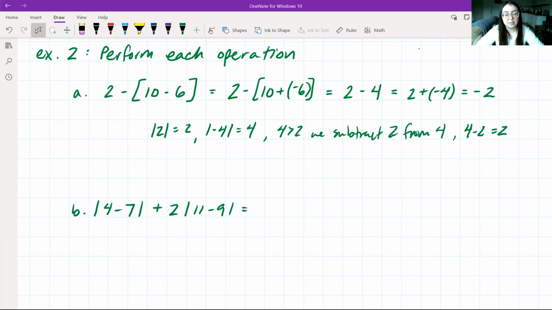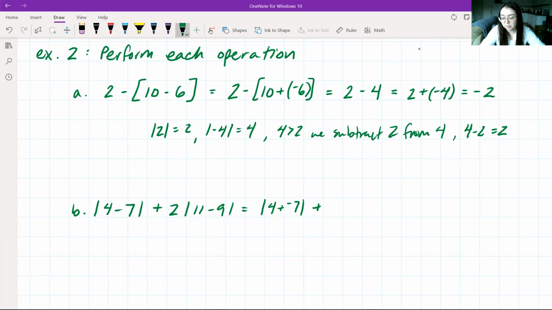grouping symbols first. So if we want to do grouping symbols first, we can start with 4 minus 7 and we work in order from left to right. So with 4 minus 7, or our absolute value of 4 minus 7, we can change 4 minus 7 into 4 plus -7.